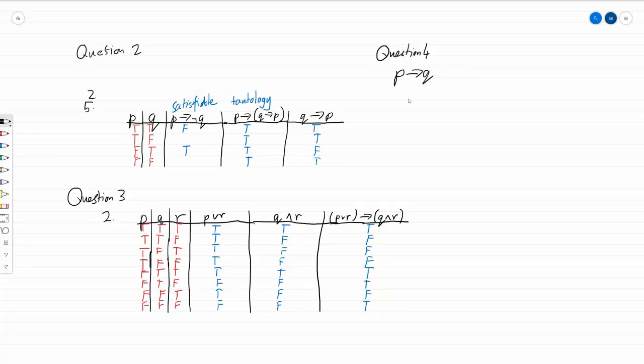Entailment is a statement of relationship. So this one is saying when P is true, Q should be true. Entailment is this symbol. Well, that is a terrible drawing of it. It's basically this. This says when P is true, Q is true.